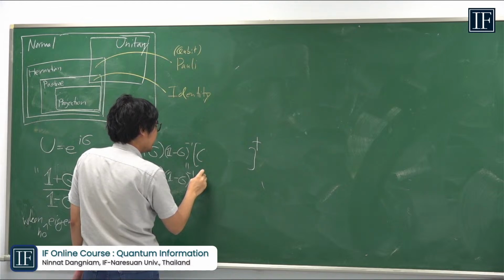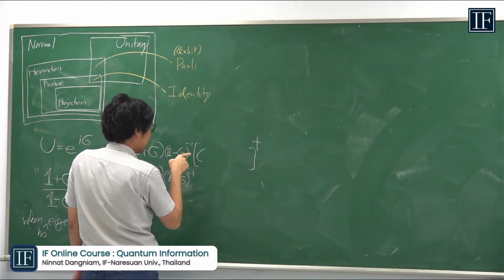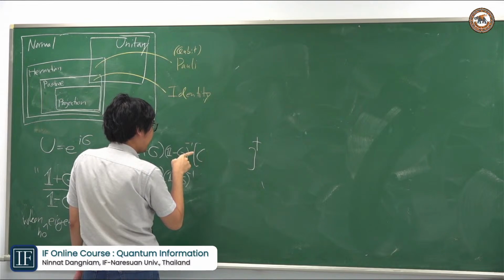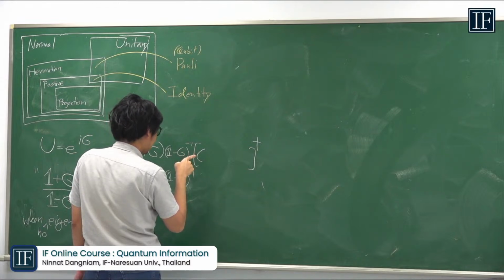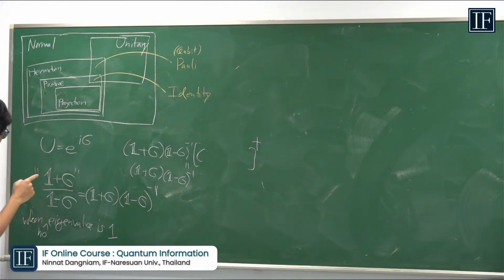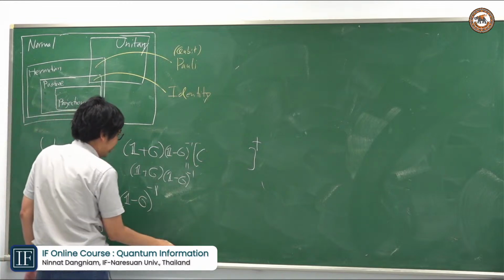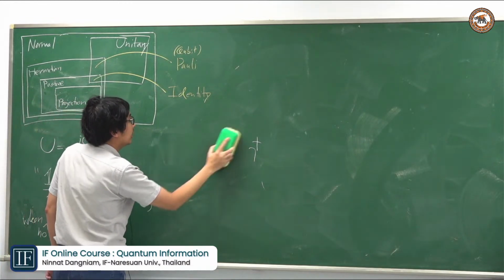Let's see. Actually, does this work? Oh, not quite, I think, the way that I think about it. Yeah, maybe I will try to think a bit about it again.